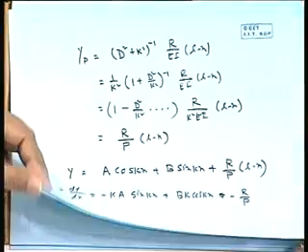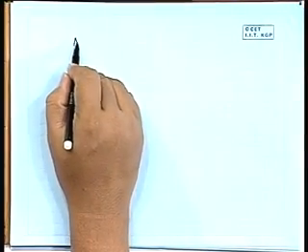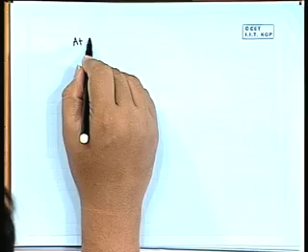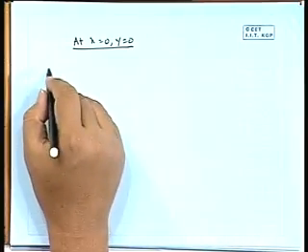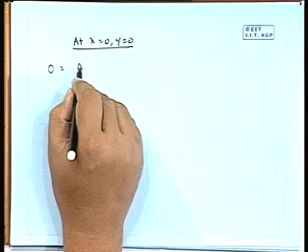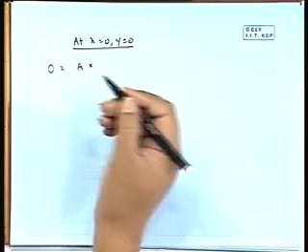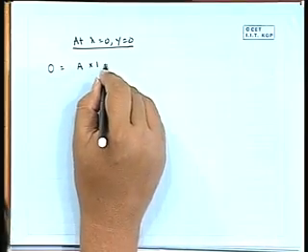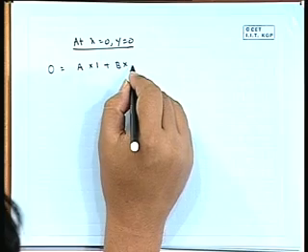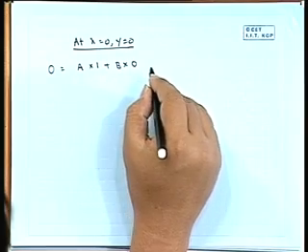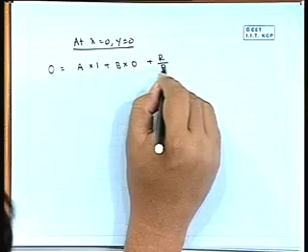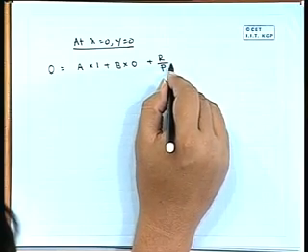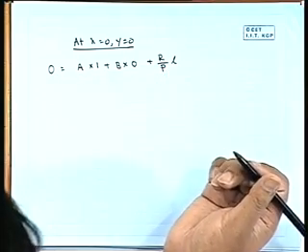So boundary condition at x equal to 0, y equal to 0. So it will give 0 equal to a cos 0 is 1 plus b sin 0 equal to 0 plus your r by p into L, x is 0.